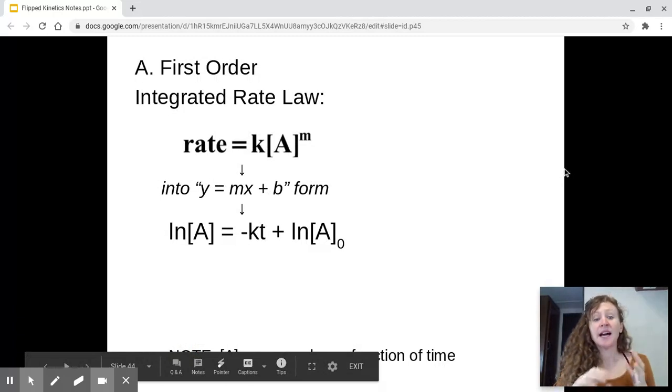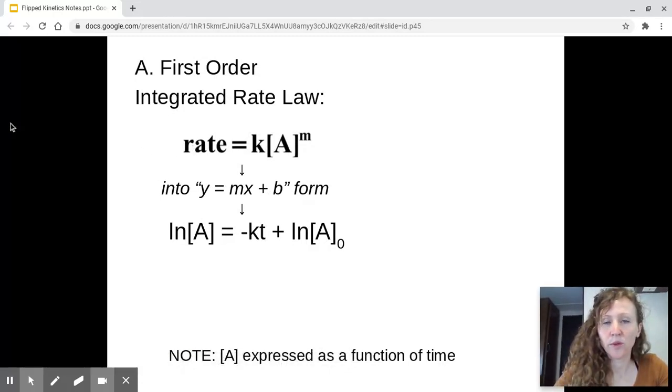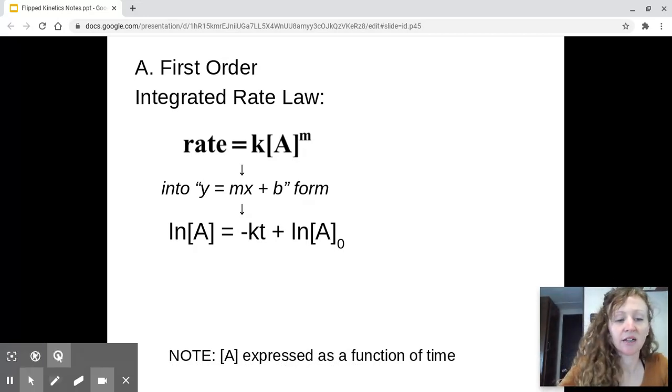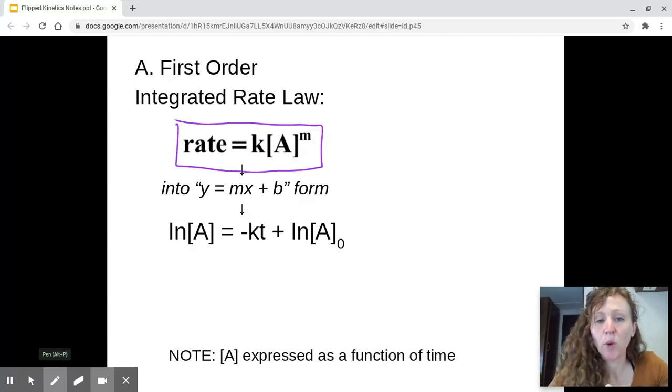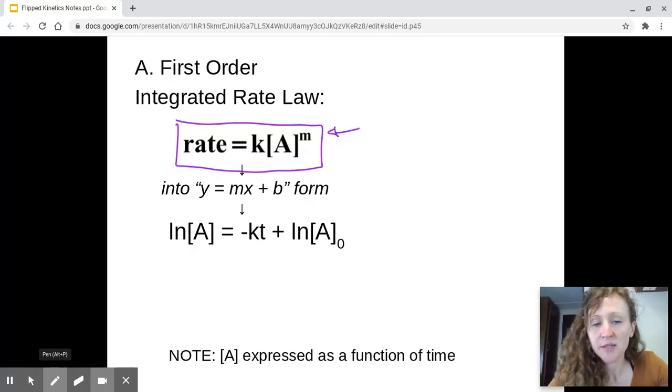Okay, so basically, the way that we integrate rate law is we're going to take our normal rate law that we're used to dealing with here, and then we're going to change it into y equals mx plus b form. In order to get rid of the exponent, you have to unexponent the whole equation.